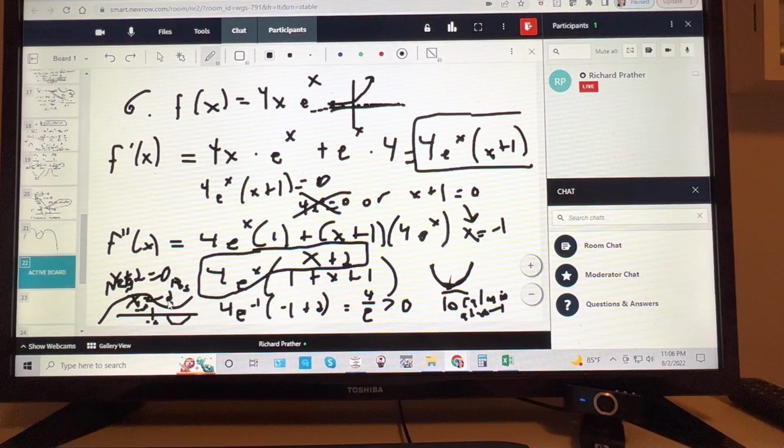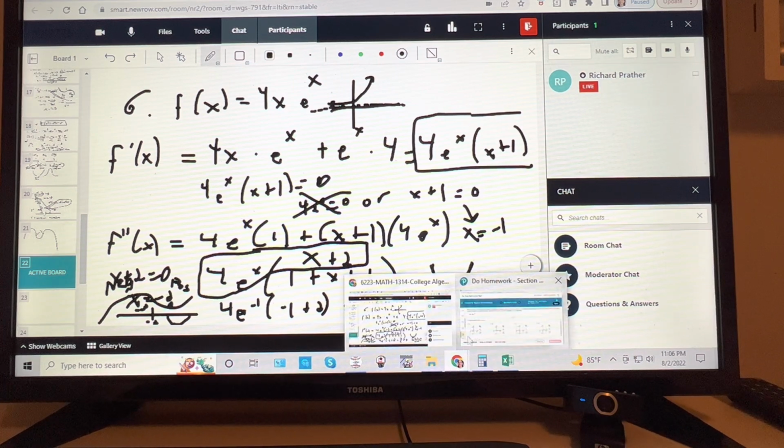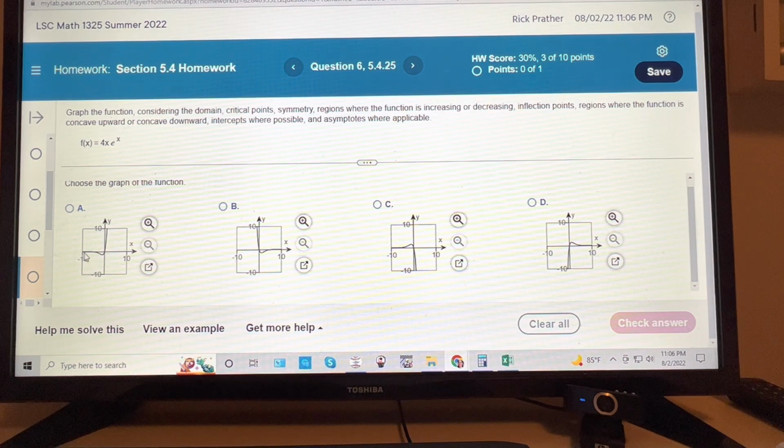It switches concavity at -2, and there's supposed to be a local minimum at -1, so it could be graph A. It's definitely not graph B. The local minimum there is +1. And it's not C because that's a local maximum, and that's a local maximum. So it has to be graph A already.